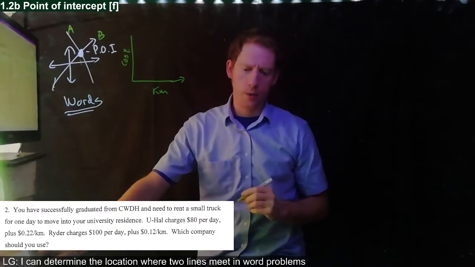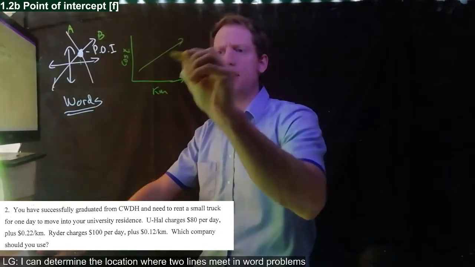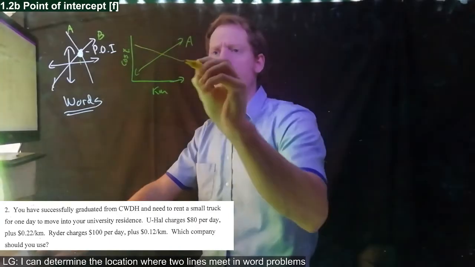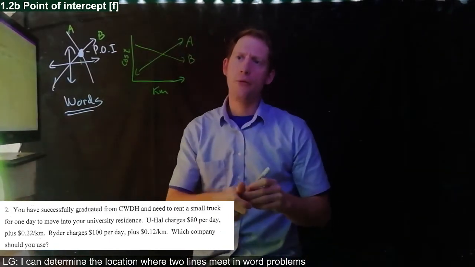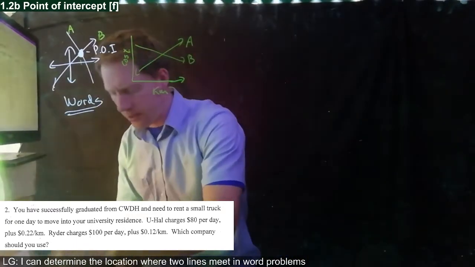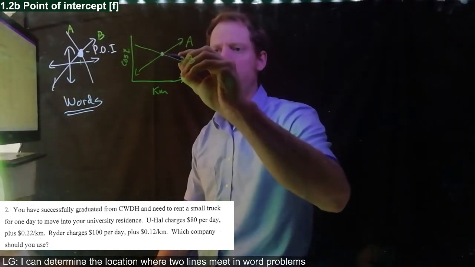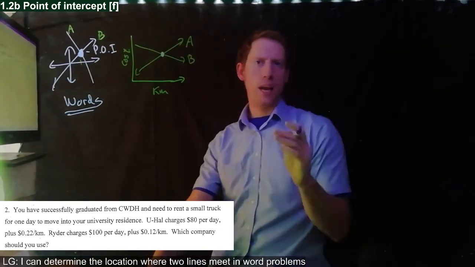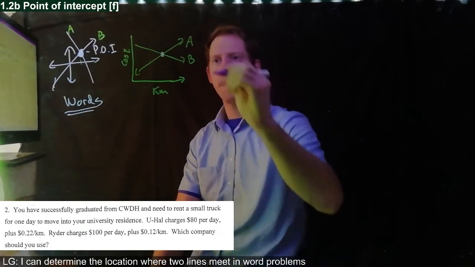Each has a fixed cost, and let's say that this is company A and this is company B. You can see that at first it's better to choose company A. This is the point of intercept, where both companies cost the same.